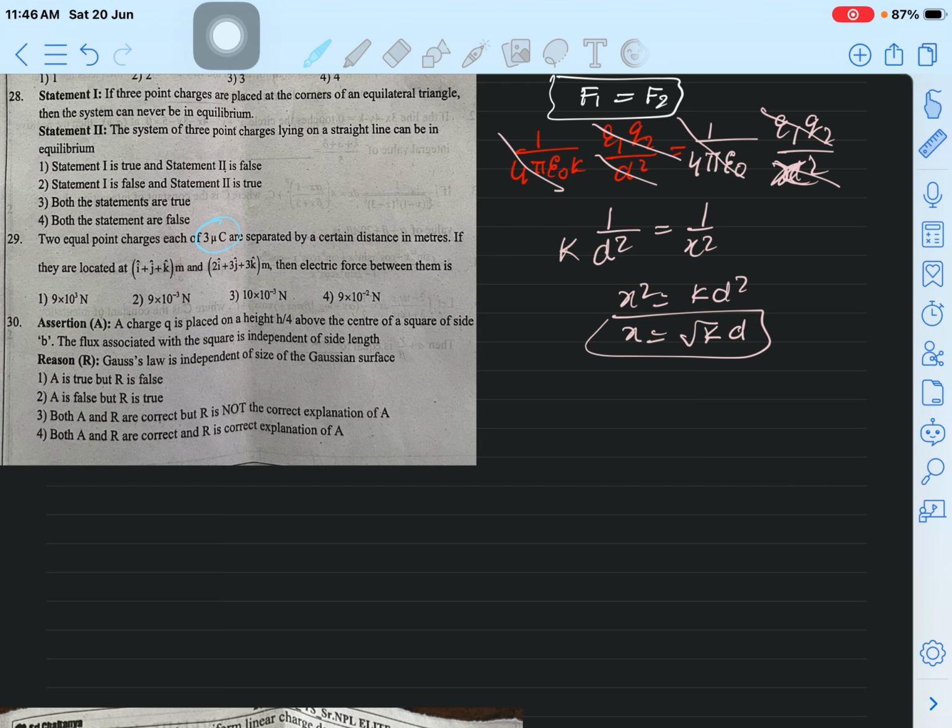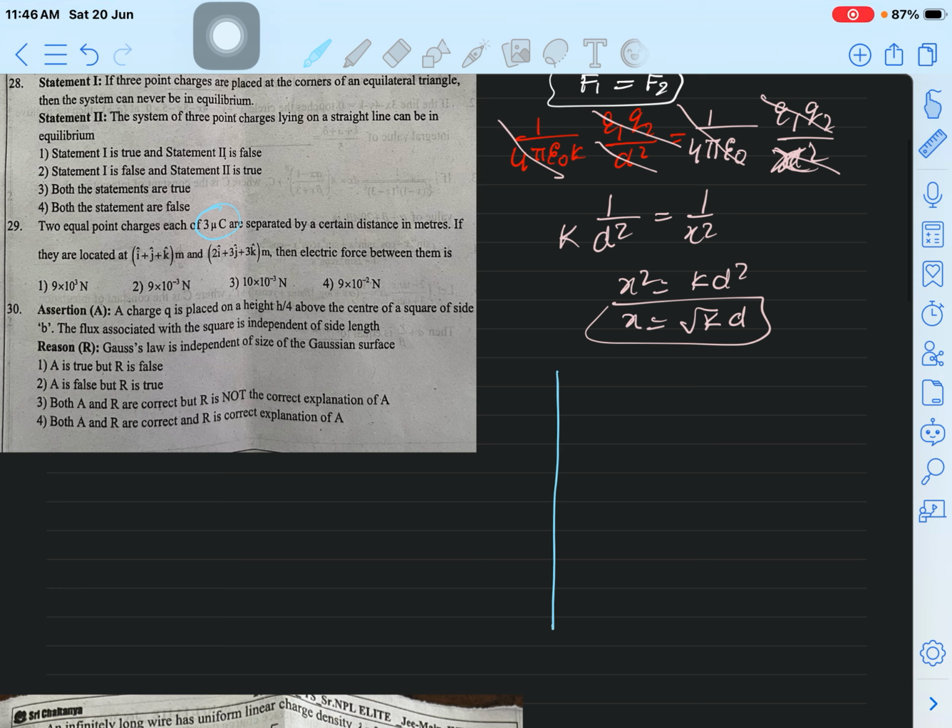Then the electric force between them, for example, let us take a coordinate axis as they have given position vectors. The first one, q1, I am taking at i + j + k. Here the vector is in 3 dimensions, so you have to imagine the position in 3 dimensions.